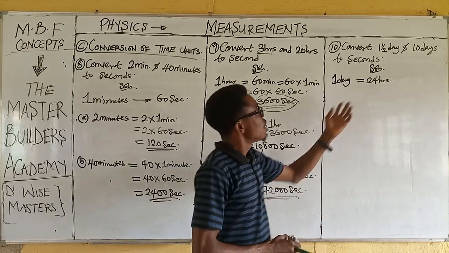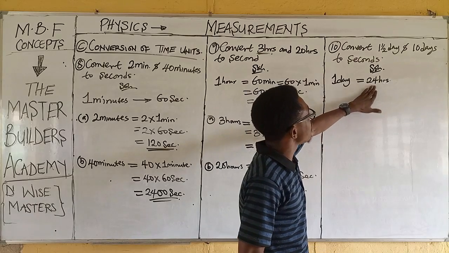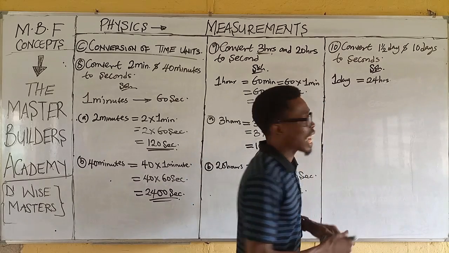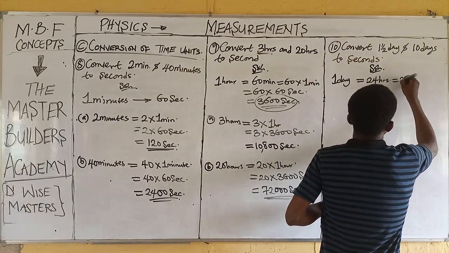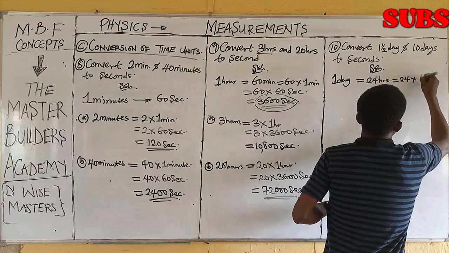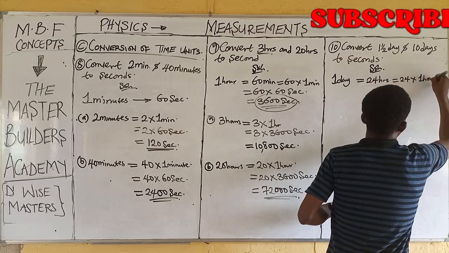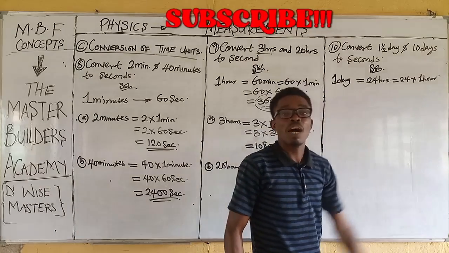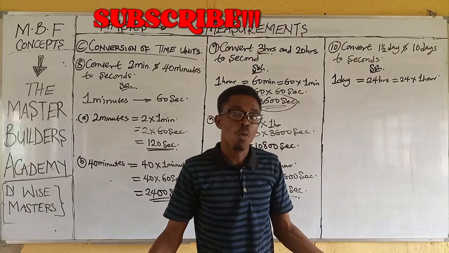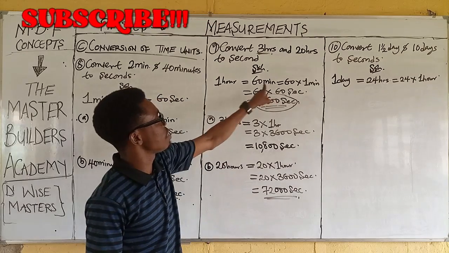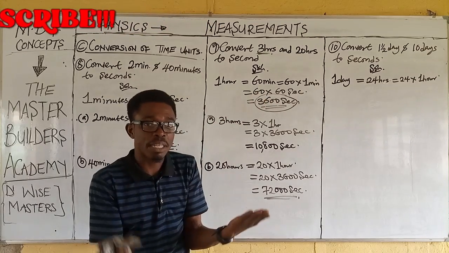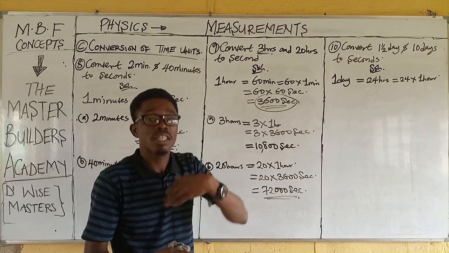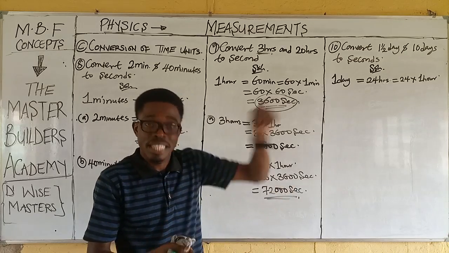Now, if I have this to be 24 hours, then I can have this to be 24 times 1 hour. Guys, what is 1 hour? 1 hour is equivalent to 60 minutes. And what is 60 minutes? 60 multiplied by another 60 in seconds.